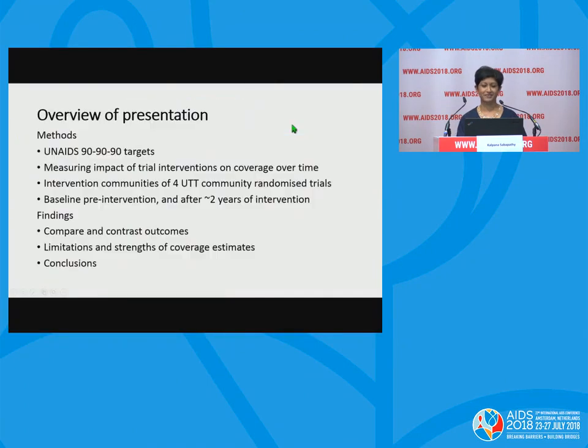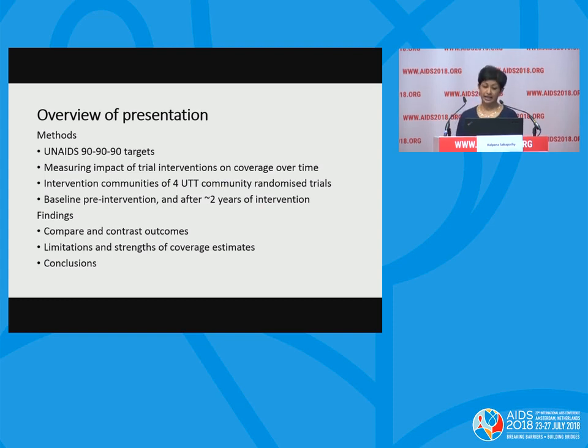There we are. Right, so my talk today will focus on the 2 main areas as identified in the title, the methods and the findings of the 4 community randomized trials looking at universal test and treat.